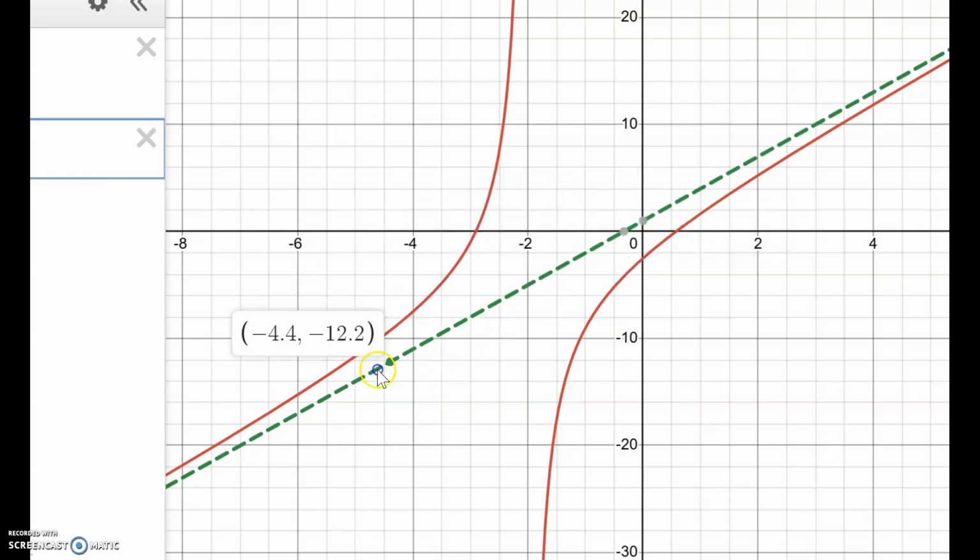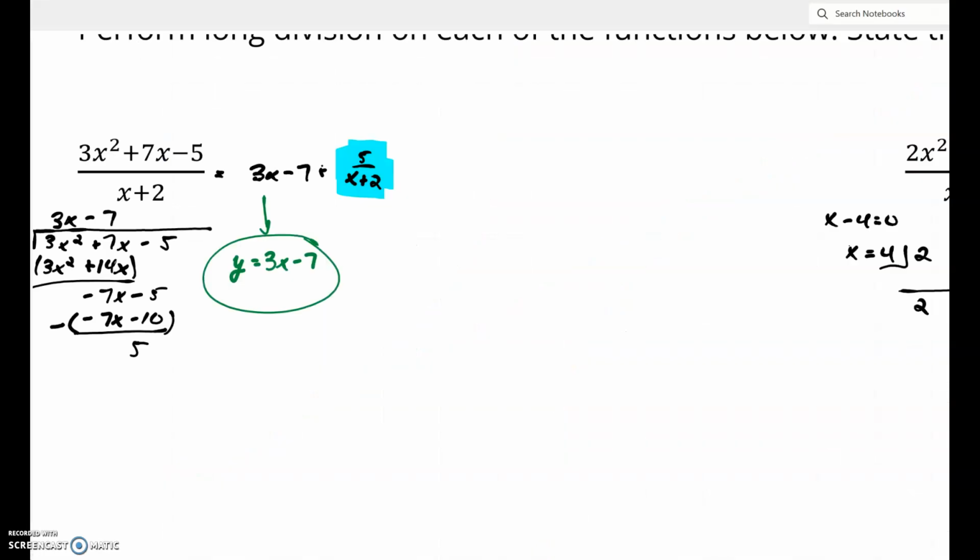There's my non-vertical asymptote. So it really does appear as though that is the case.